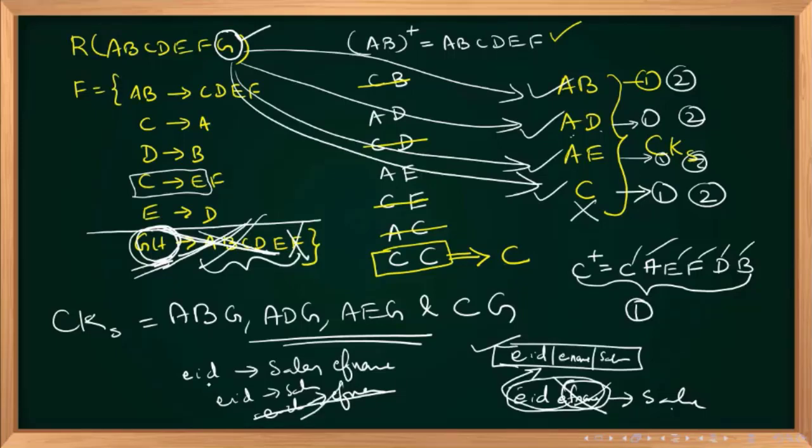You don't have to remove the entire one. So what I am telling is that if some attribute which is coming in the functional dependency is not available in the table, and if it is in the left side, the entire functional dependency can be removed. And if some attribute which is not there in the table is coming in the right side, apply the decomposition rule, and that particular attribute alone you can remove.